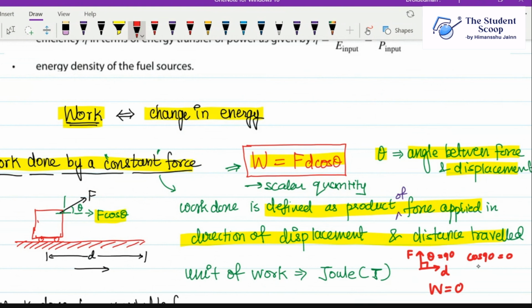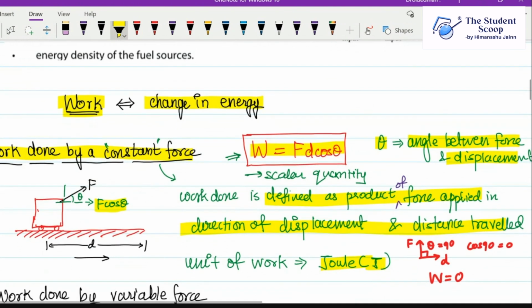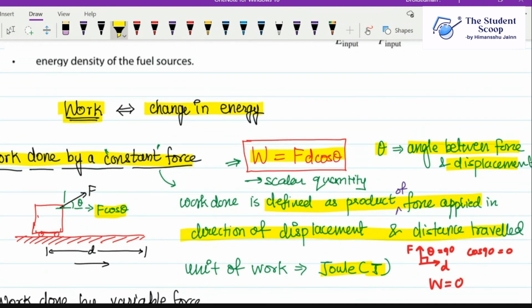Okay, and if the force is doing work in the opposite direction of the displacement, in that case work done can be negative as well. Work done is measured in joules, that is the unit for energy as well. Okay, it is a scalar quantity, and whenever there is some kind of constant force, in most of the cases it can be some external force, somebody pushing or pulling an object, or it can be friction that can also act like a constant force.